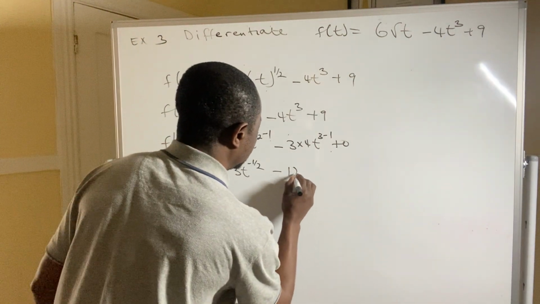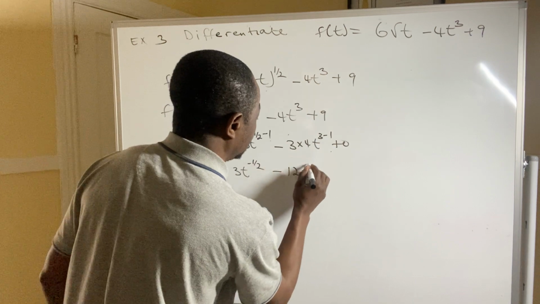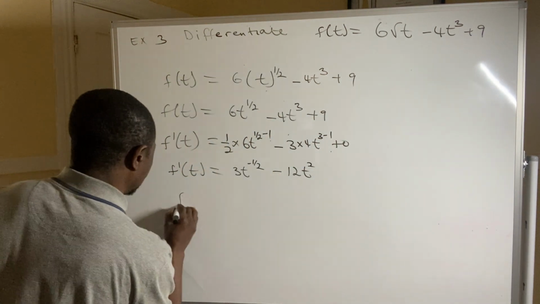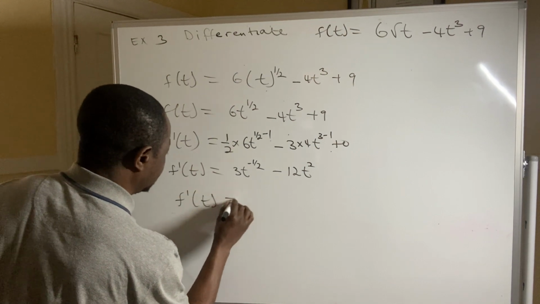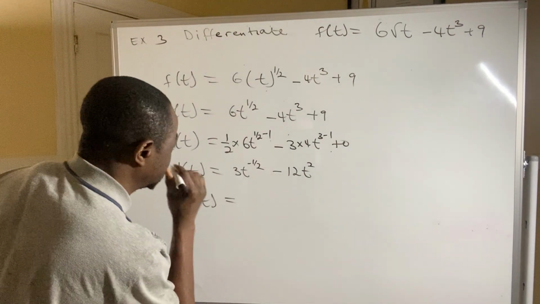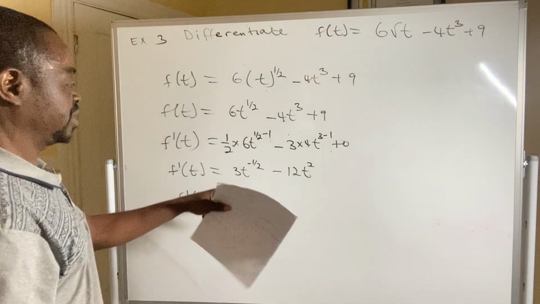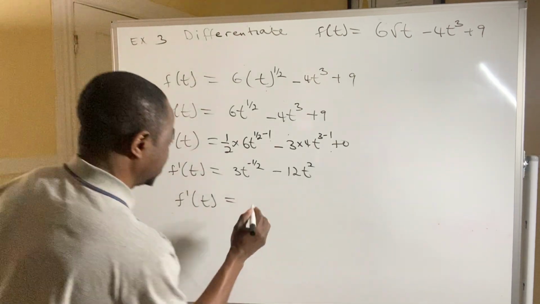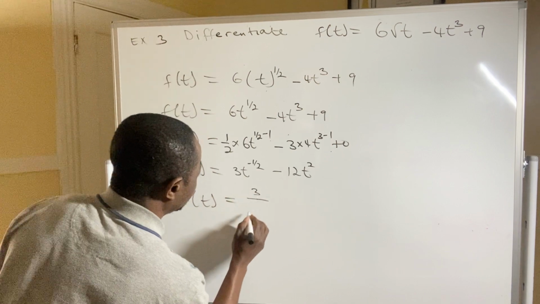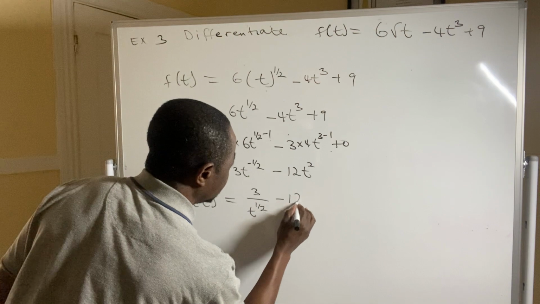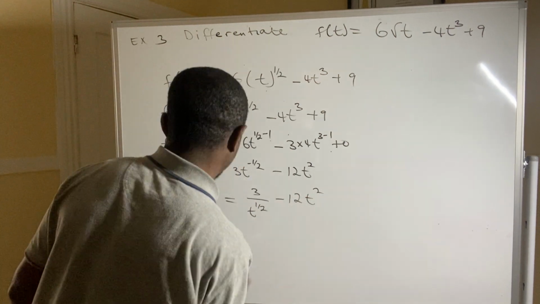So 12t raised to the power 3 minus 1 is 2. So f prime of t, to avoid a negative sign, you can write it as 3 all over t to the power half, minus 12t squared.